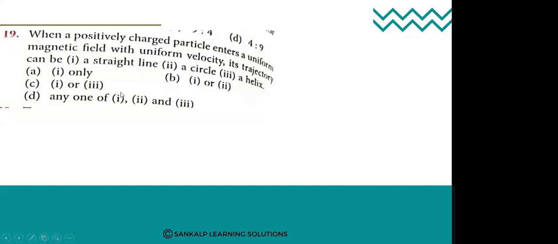Okay, so I'll share the next part, magnetism and matter. Just a minute, I'll share the magnetism and matter questions.